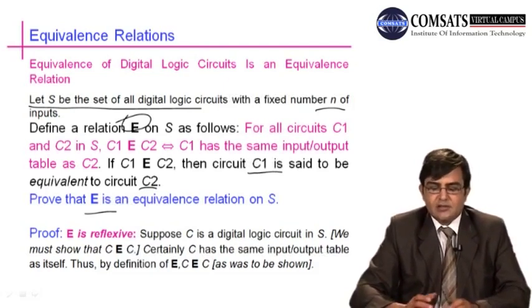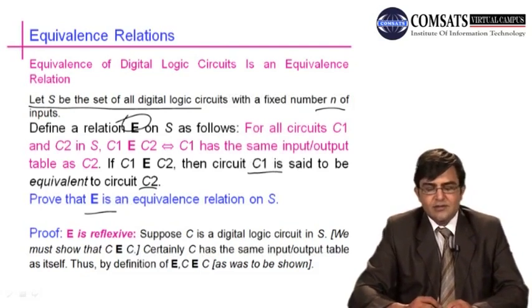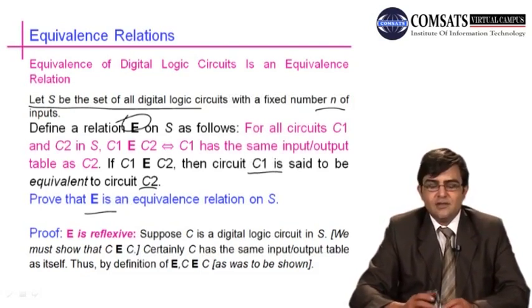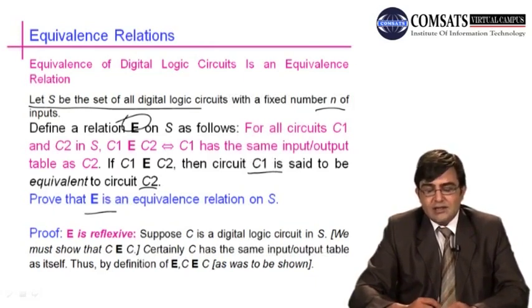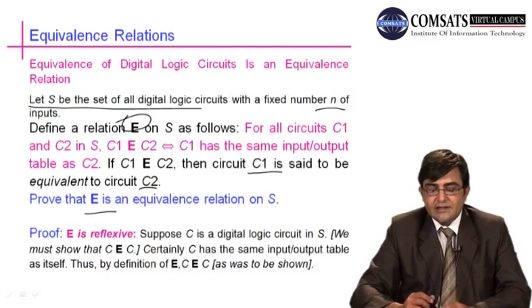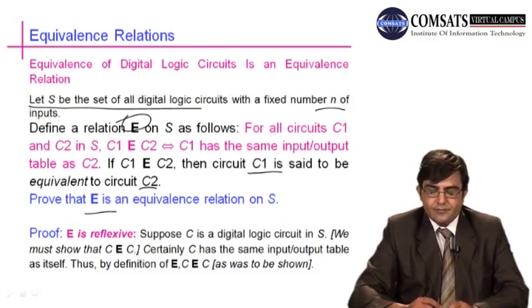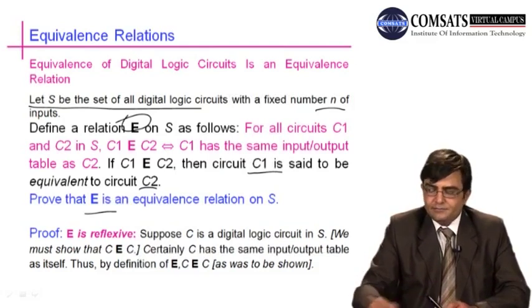Suppose C is a digital logic circuit in S; we must show that C is related to C. If we have the same digital logic circuit, then the inputs and outputs of the same circuit are obviously the same. So C is related to C.